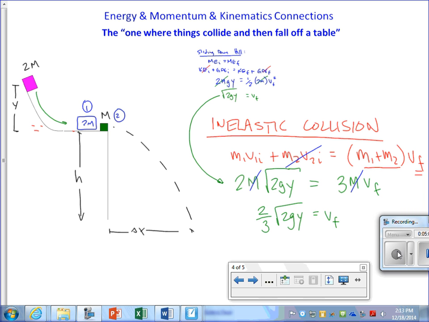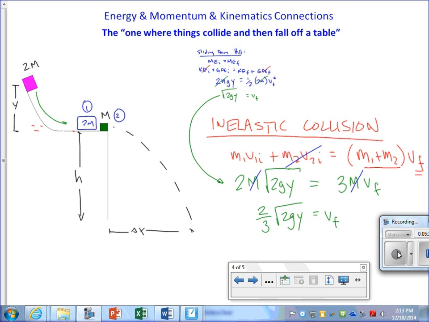So why 2/3 of its speed before? Well, because now there's 3/2 as much mass. There were 2 units of mass, now there's 3 units of mass. So the speed is now 2/3 as much. Okay?